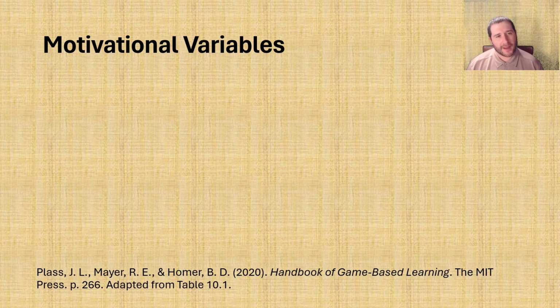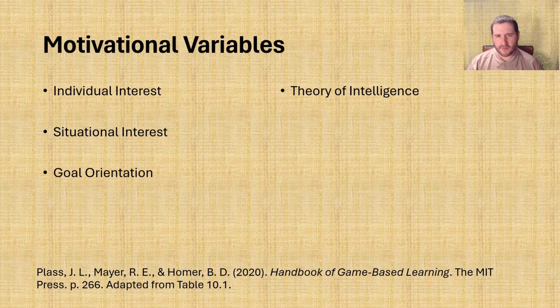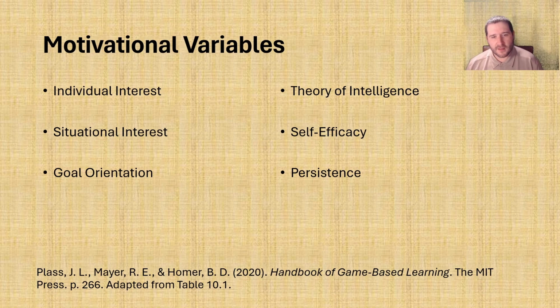And games also might track motivational variables. Things like individual interest, situational interest, goal orientation, theory of intelligence, self-efficacy, and persistence are all things Plass has identified as important for games to track and to use to make these decisions, right?